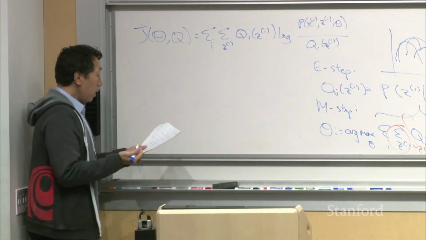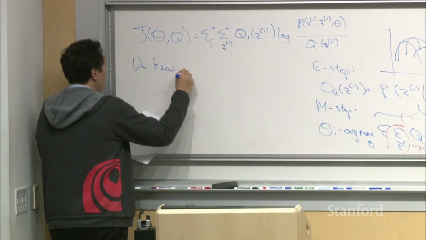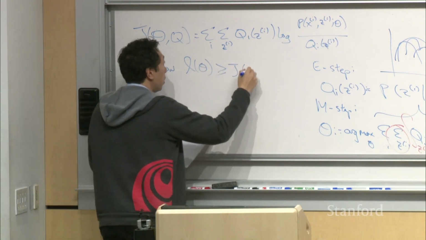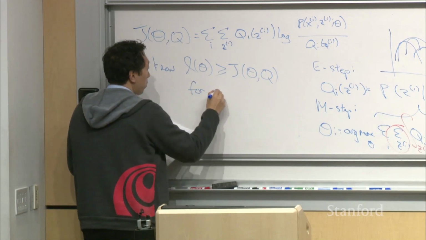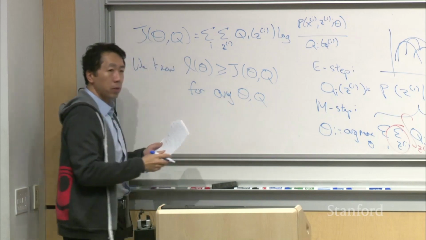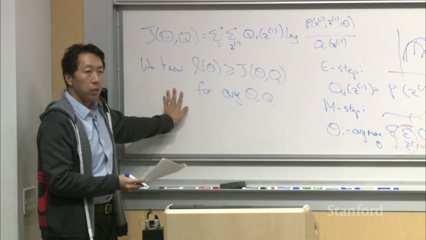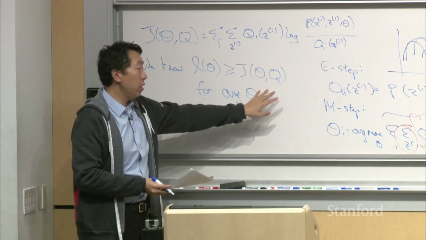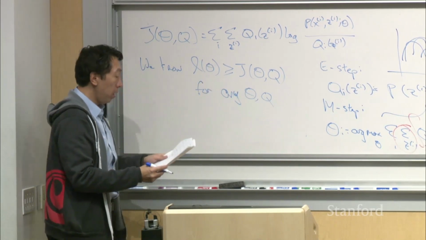What we proved on Monday was L of theta is greater than or equal to J of theta comma Q, right? And this is true for any theta and any choice of q. Using Jensen's inequality, you can show that J for any choice of theta and q is a lower bound for the log likelihood of theta.